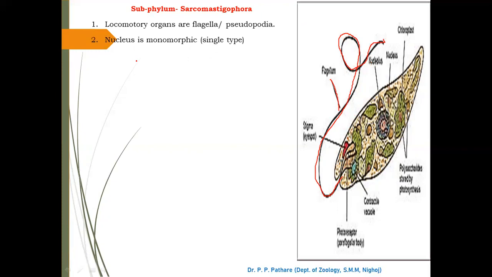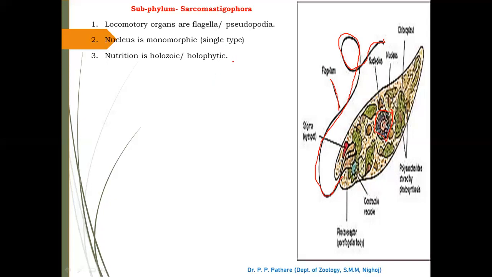The nucleus is monomorphic means a single type of nucleus is found in your sarcomastigophoran protozoans. Now here you can easily observe, this is the nucleus of Euglena. It is single type. Next important point, that is nutrition is holozoic or holophytic, like a plant.